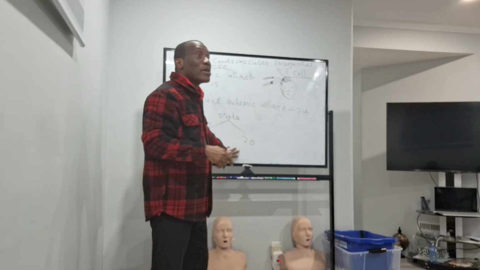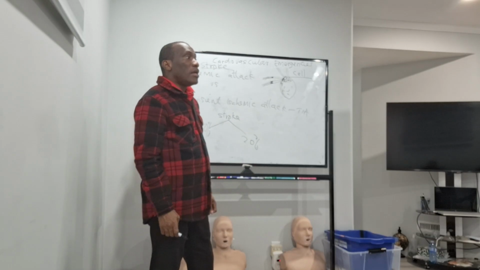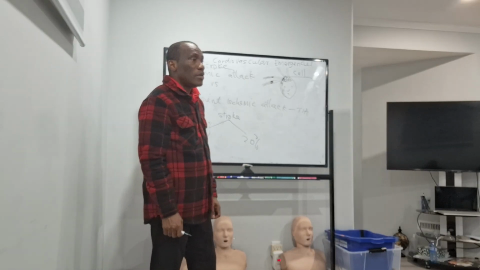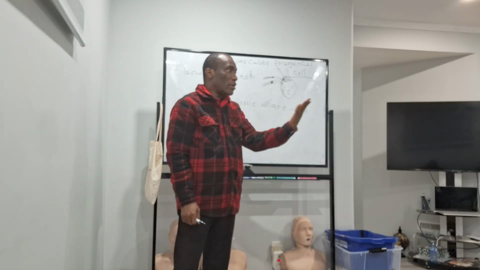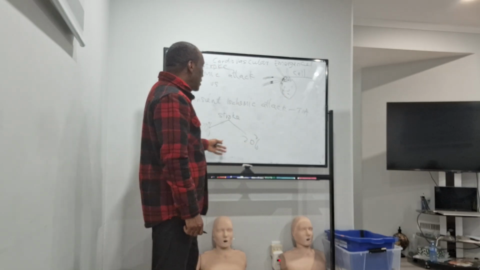That is called hemorrhagic stroke. 20% of the sample belongs to hemorrhagic stroke. There's also what they call aneurysm, that is when the blood vessel explodes or ruptures in the brain. So that is that as well.